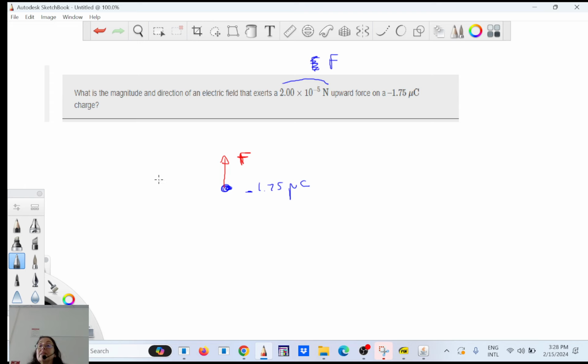So where is the electric field, up or down? Down. Now in magnitude, once we have dealt with that, we have F equals QE, so now you can find E.